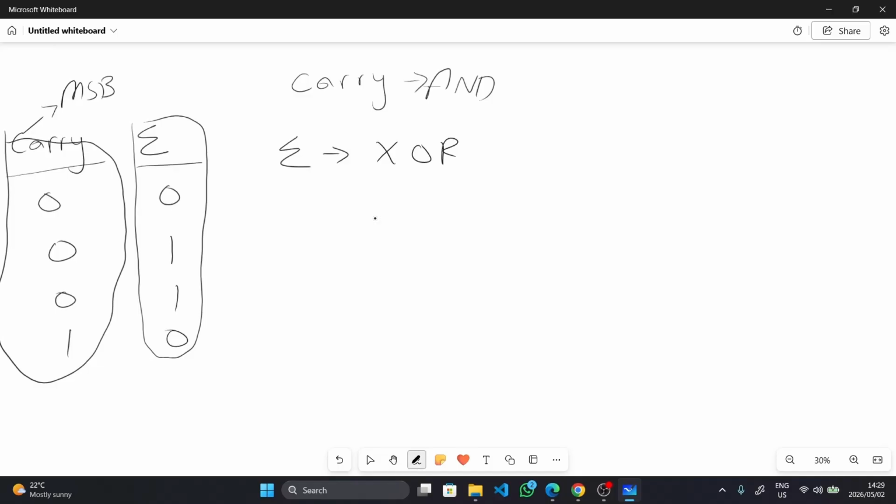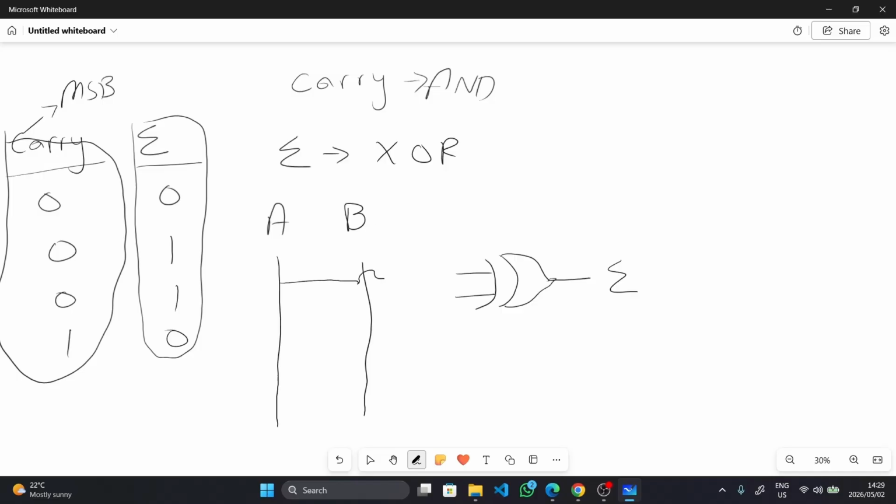So let's just draw them. We have our inputs A and B, then our input lines, then our exclusive OR gate that will represent our sum.